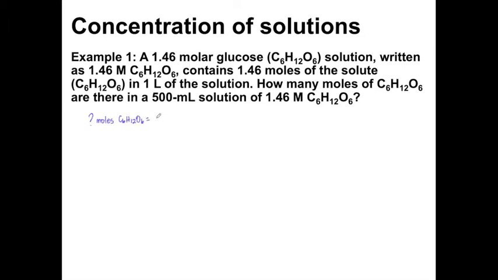If I have 1.46 molar, or moles of glucose per liter of solution, times 0.5 liter of solution, I can cancel the unit liter, and if I multiply 1.46 by 0.5, I get 0.73 moles of glucose. So that's pretty straightforward.